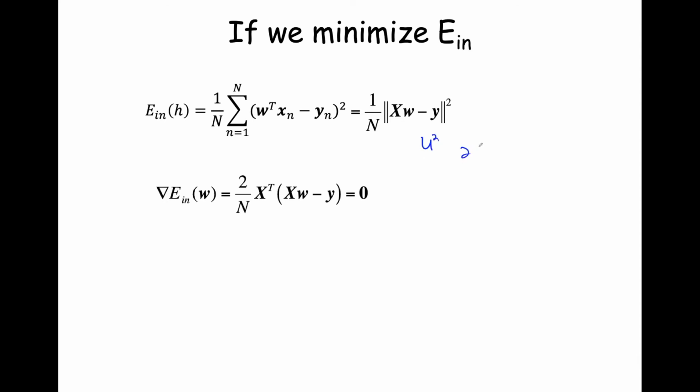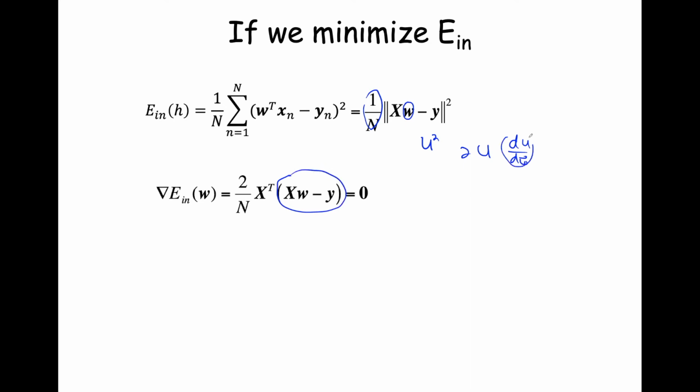That's just 2U times du dw, where W is this weight vector, which is what I'm taking the gradient with respect to. And so if I do that, okay, well, I have a 2 times this leading coefficient, 1 upon n. Now, for this U, well, that's XW minus Y. So there's my XW minus Y.